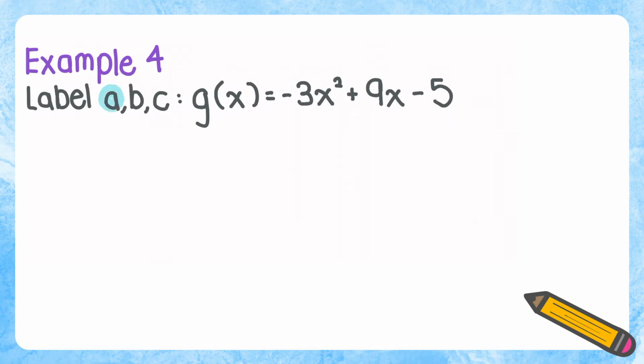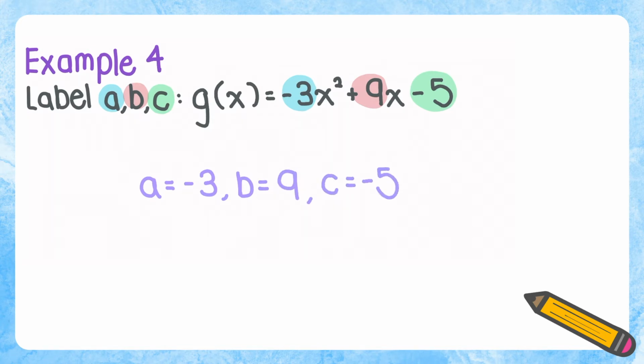So notice here it's negative 3. b is the coefficient of the linear term, so it's positive 9, and c is the constant, negative 5. So here we have a equals negative 3, b equals positive 9, and c equals negative 5.